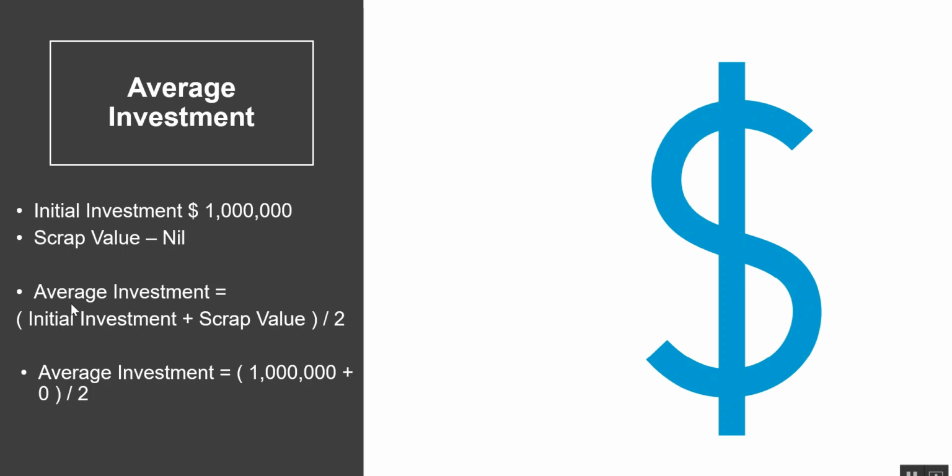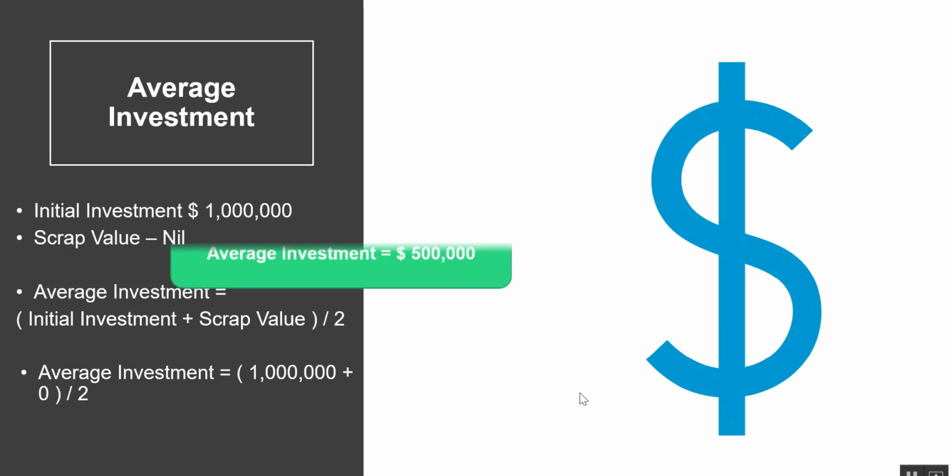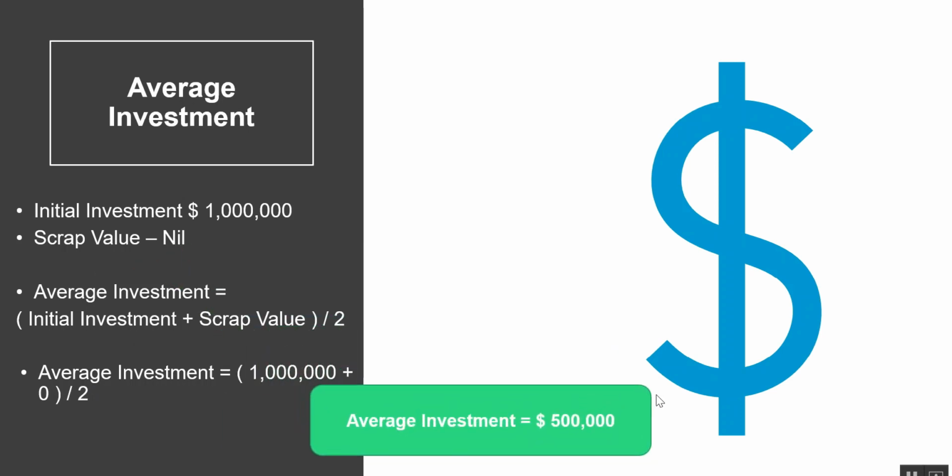So average investment is calculated by taking into account initial investment and scrap value. Initial investment plus scrap value divided by 2 will give you the average investment. Now the initial investment is 1 million. Scrap value is 0. So therefore the average investment will be 500,000.